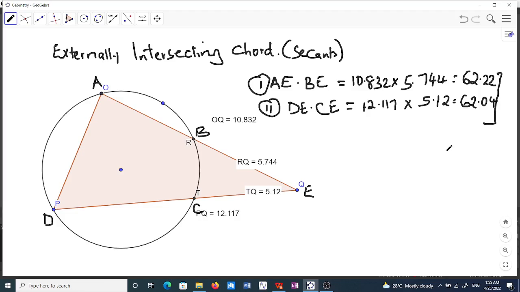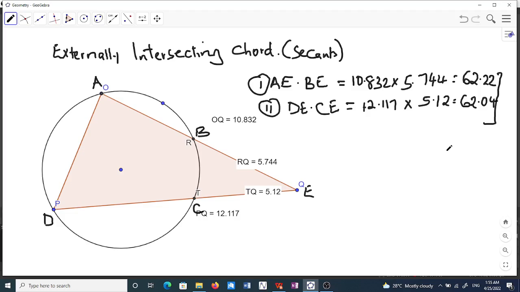So this relationship can be taken as valid, and you can justify that the difference here can be due to the construction error in measurement.